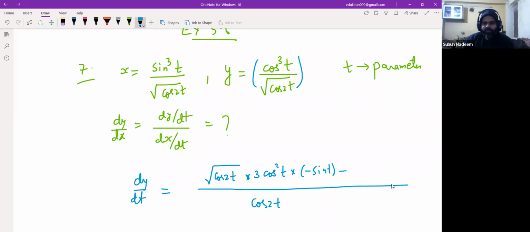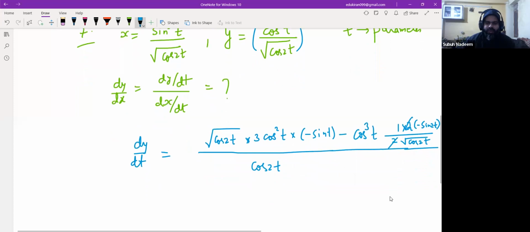Then you take a minus sign and you put cos cube t as it is and differentiate root over cos 2t. So that will be 1 by 2 root over cos 2t into the derivative of cos 2t, which will be minus sin 2t, and the derivative of 2t will be 2. So you can cancel this 2 here, and in the next step, you can take root over cos 2t as LCM.